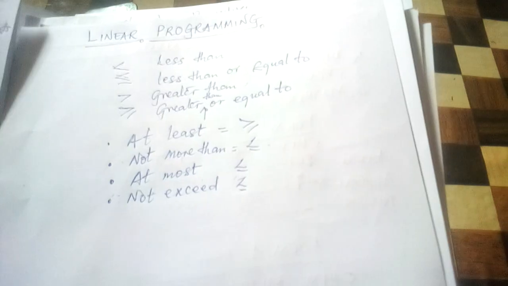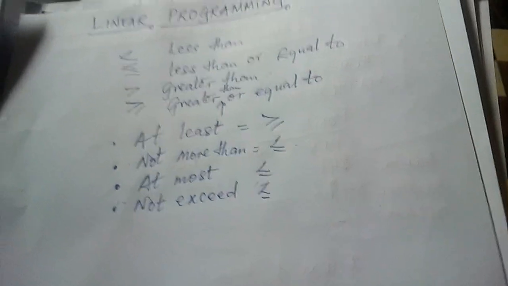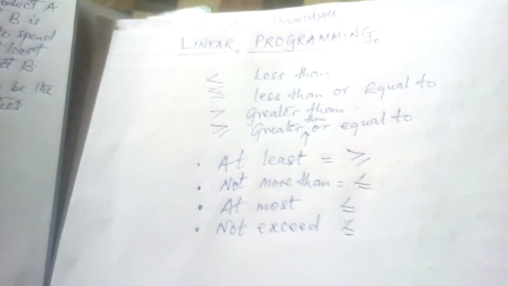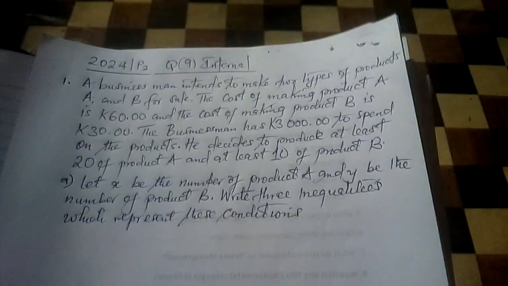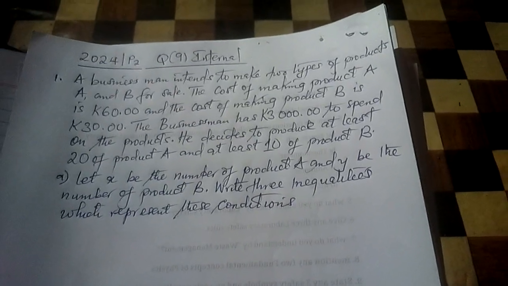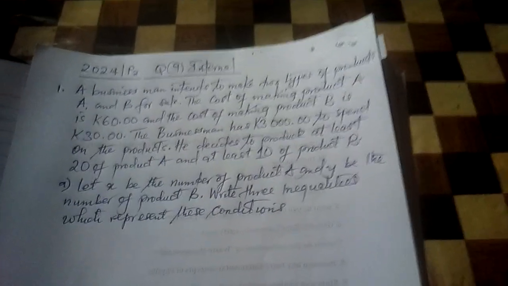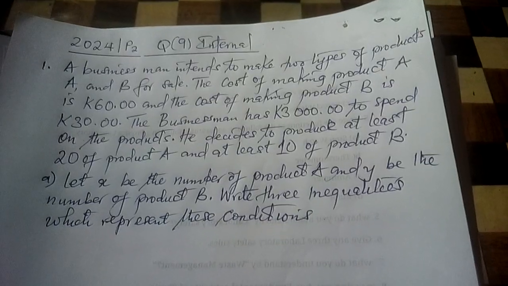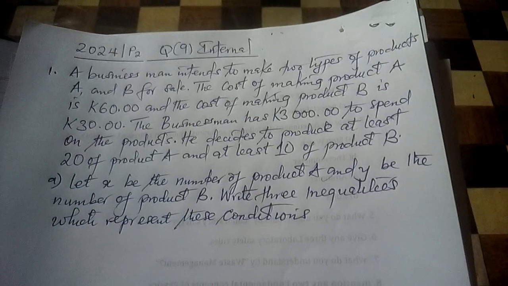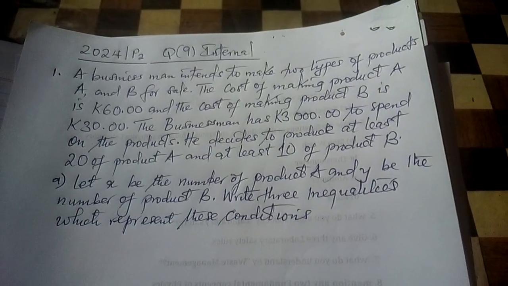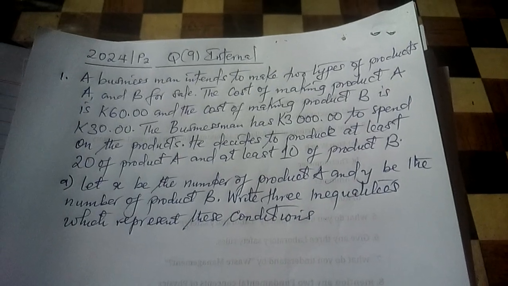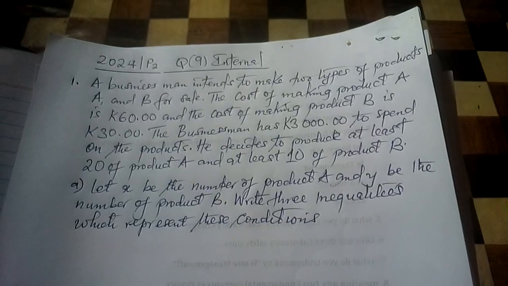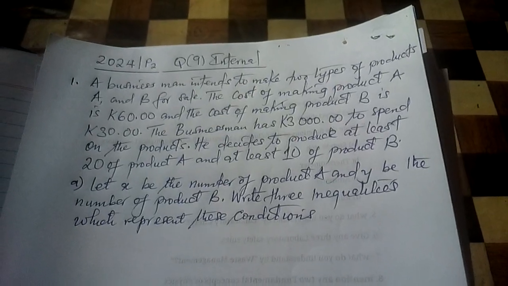So our question reads: a businessman intends to make two types of products, A and B, for sale. The cost of making product A is 60 and the cost of making product B is 30.